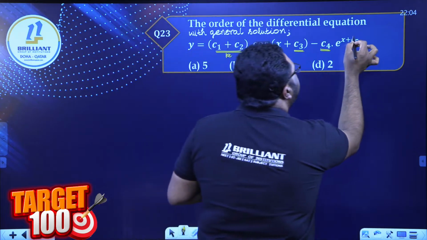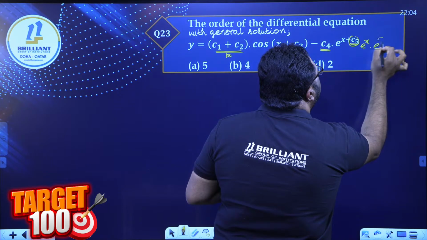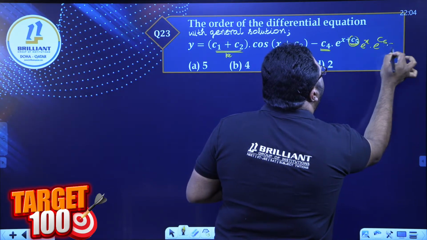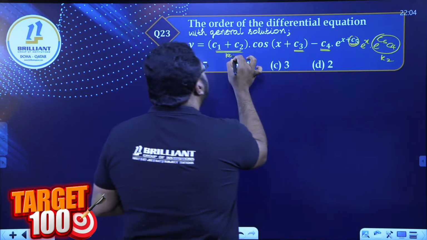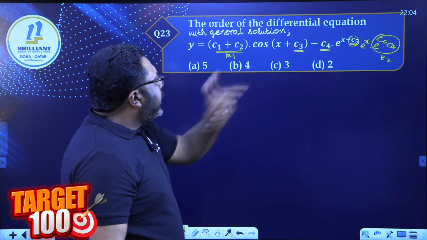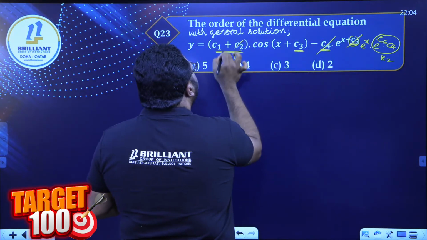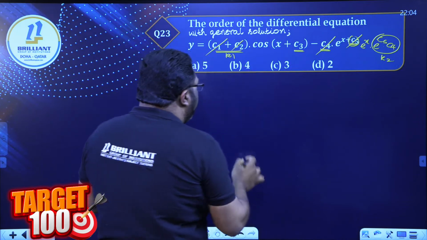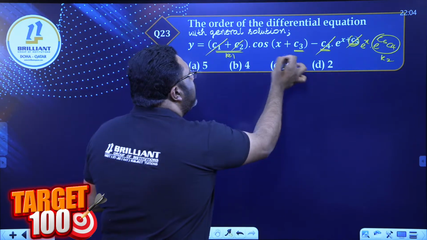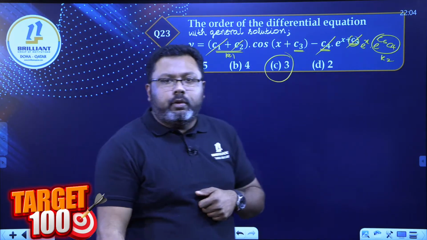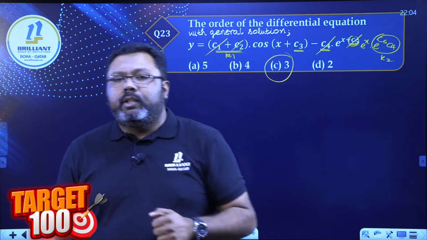The C5 sitting here can be written as e raised to x into e raised to C5, and that will be combined with C4 as another arbitrary constant called K2. So I got K1, I got K2, and then these two are gone. Now count the number of arbitrary constants: K1, C3, K2. You have only 3 arbitrary constants.